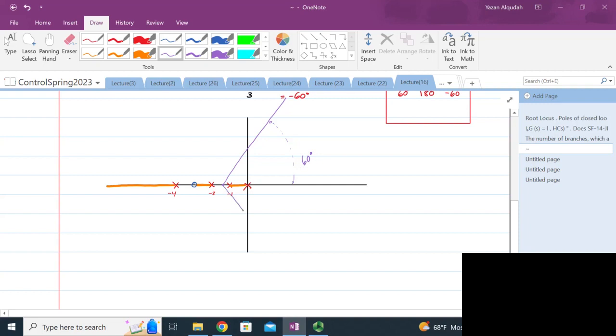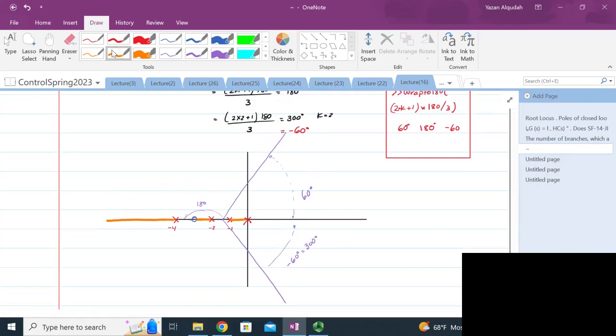Plot another line that makes an angle, what is this angle? Negative 60 degrees, which is also equal to 300 degrees. And then plot a line that is 180 degrees from this. Then these are the lines for asymptotes. Now, how does the root locus look? We do not know, but I'm going to tell you the root locus looks something like this.